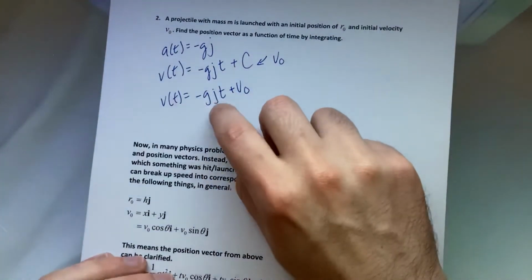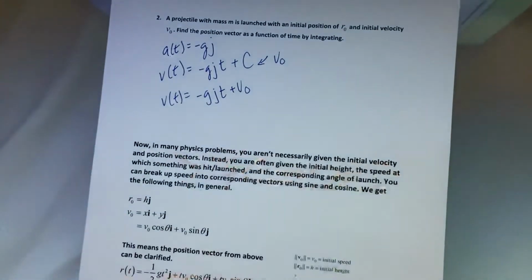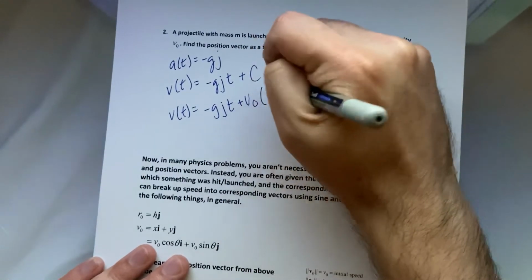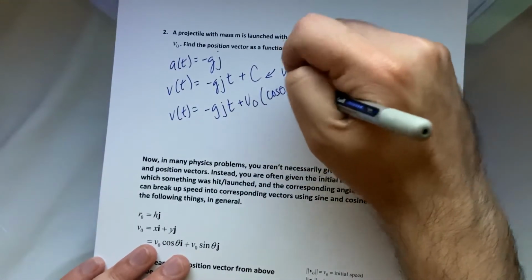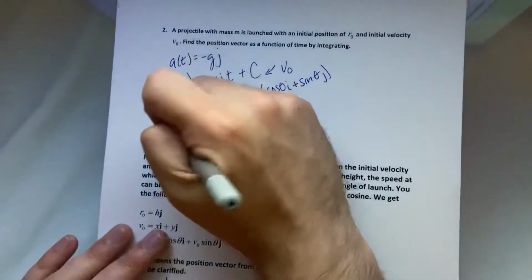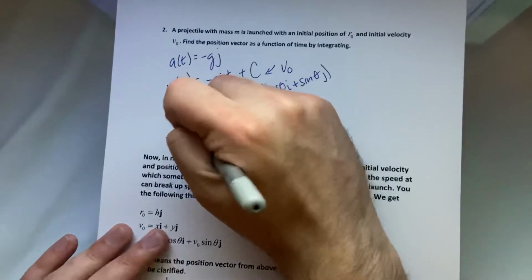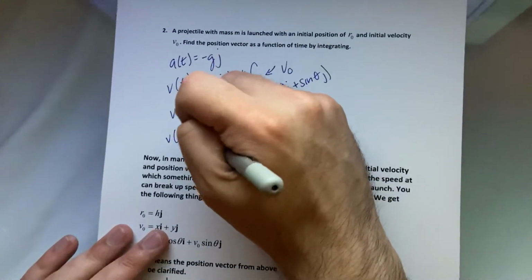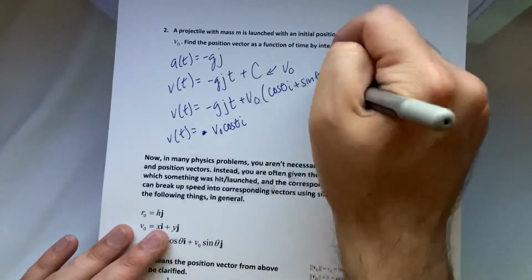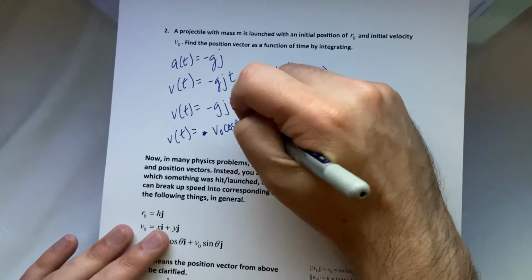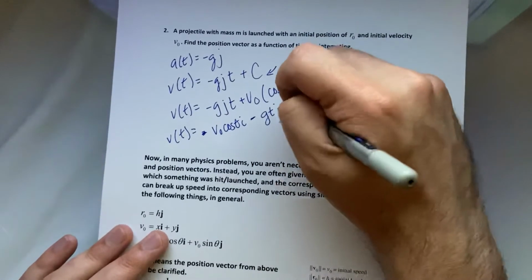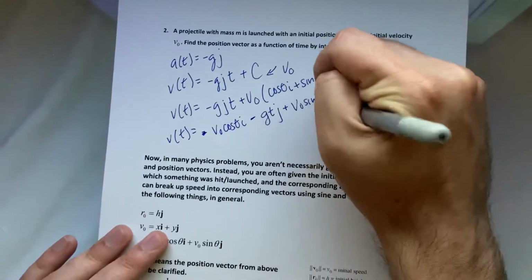Since j is vertical, gravity, we can take our initial velocity and break it up into the horizontal component plus the vertical component, which will allow me to distribute the v0. I'm going to put the v0 cosine theta i first. Now these two are both j terms. So we have minus gt j plus v0 sine theta j.